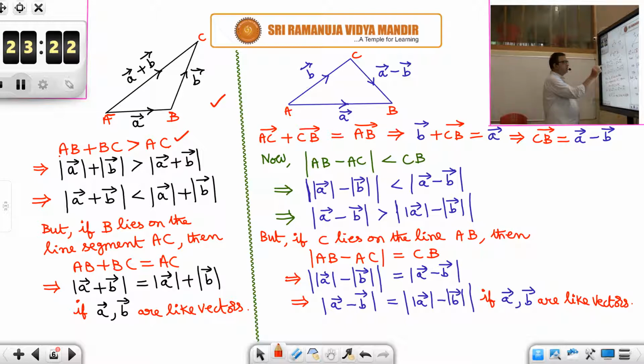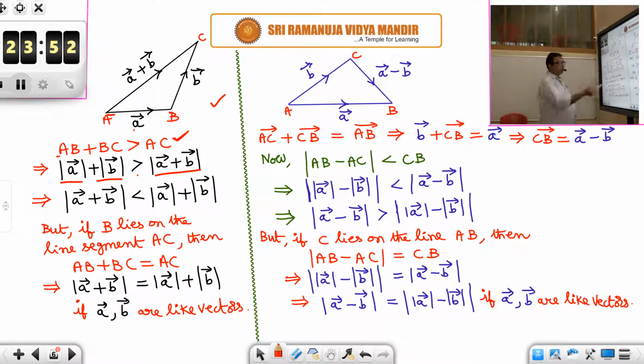But AB is the magnitude of the vector A bar, so mod A. What is the length BC? It is the magnitude of the vector B bar, so mod B bar. Greater than AC. AC bar is A bar plus B bar, therefore AC is nothing but mod of A bar plus B bar, the right hand side.